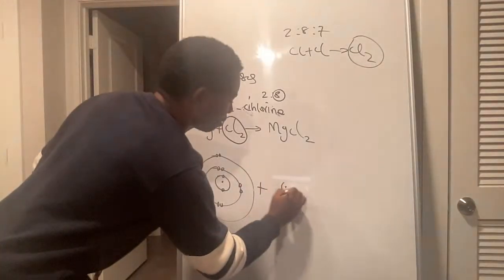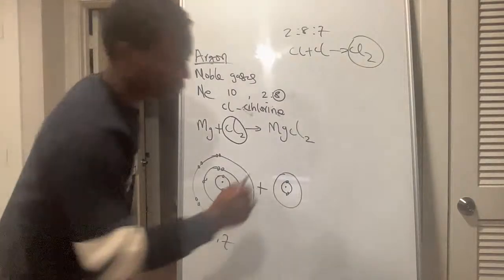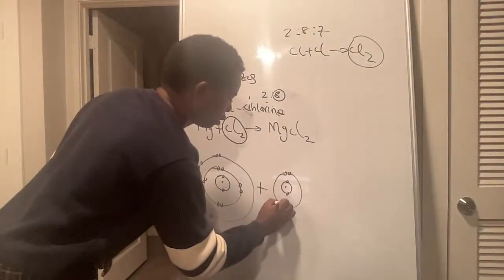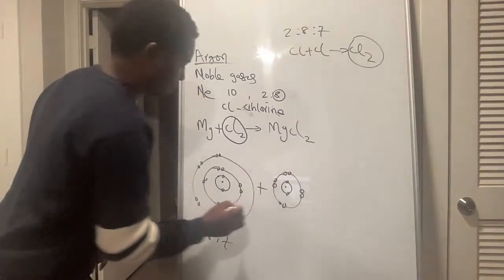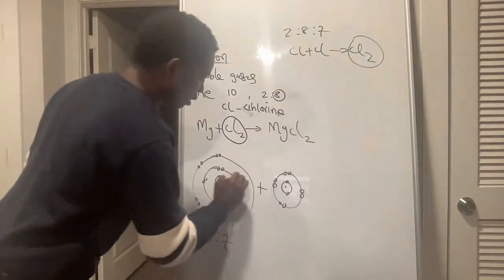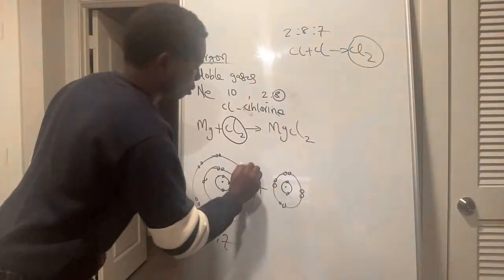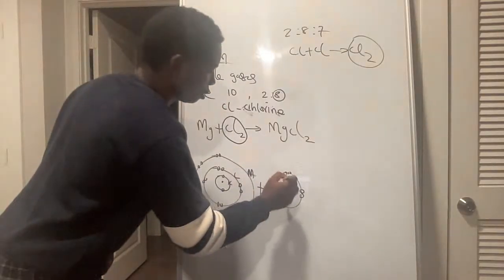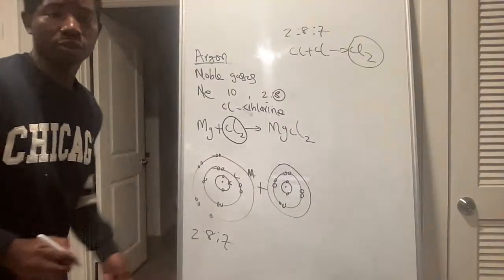The first shell takes a maximum of 2. The second shell takes a maximum of what? 8. 1, 2, 3, 4, 5, 6, 7, 8. Then this is the first shell, which is the K shell. This is the L shell, this is the M shell. Now, the third shell will also take a maximum of 8, but we have what?